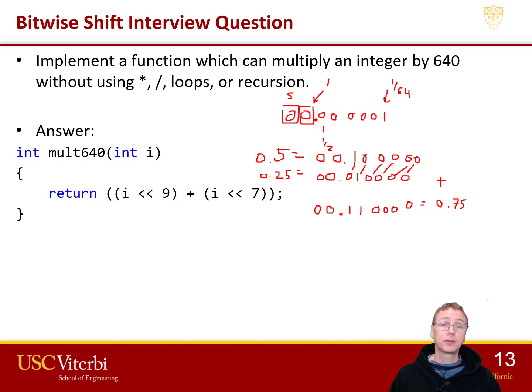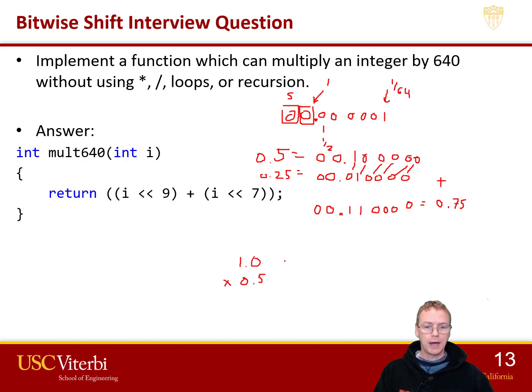How about multiplication? Let's take 1.0 and we'll multiply by, I don't know, 0.5. That should be pretty easy to do. So 1.0 is, there's our sign bit and our ones bit, put my decimal, and zeros.